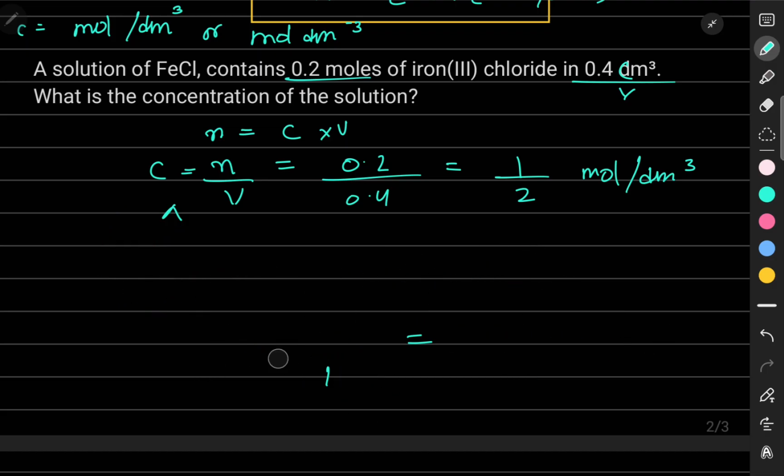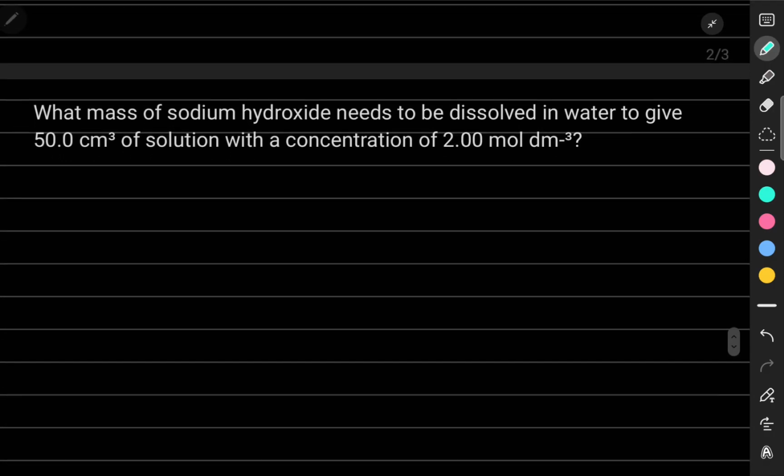All right. Moving on to the last question. What mass of sodium hydroxide needs to be dissolved in water to give 50 cm cube of solution with a concentration of 2 mole per dm cube? Now, you might think this question is a bit tricky, but look at what's been given in the question.